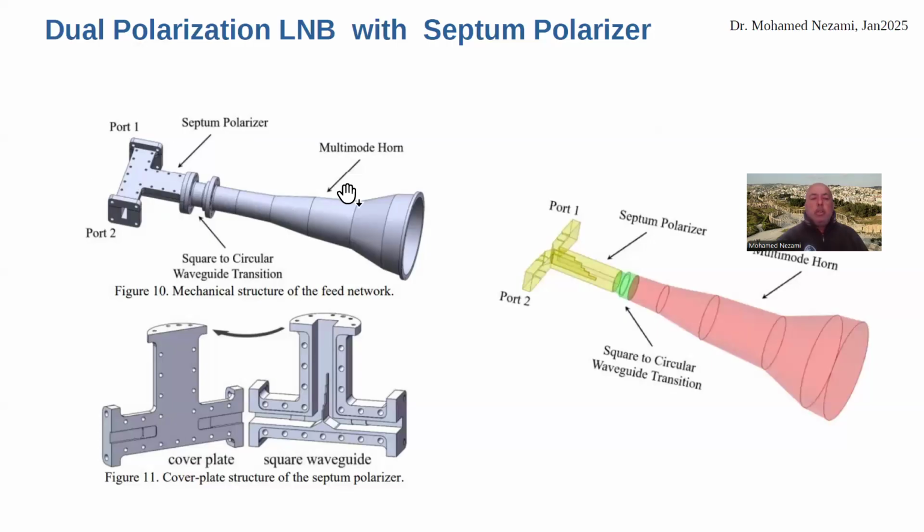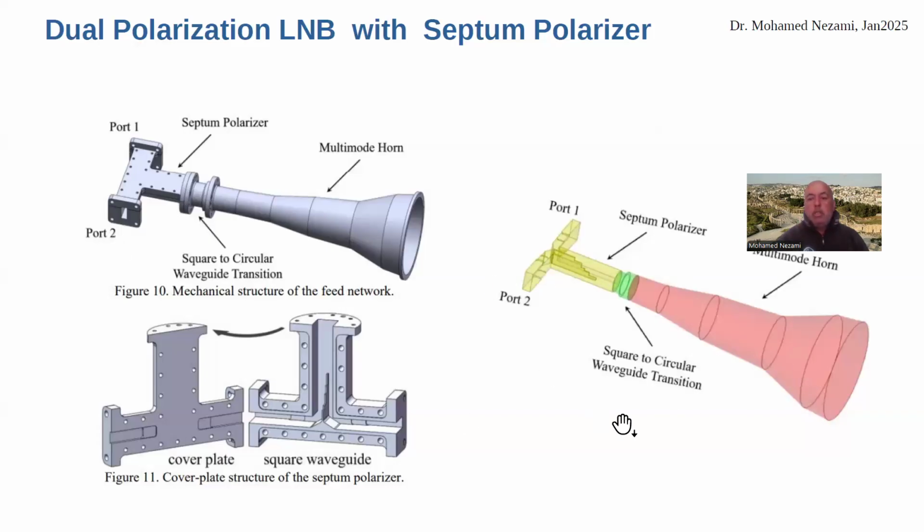To get the signal out, we have something called a polarizer, be it septum or some other type. You can look back at my lectures, where I had a whole series on OMTs and polarizers. You take the circular polarized signal and decompose it into vertical and horizontal with minimum loss, of course.